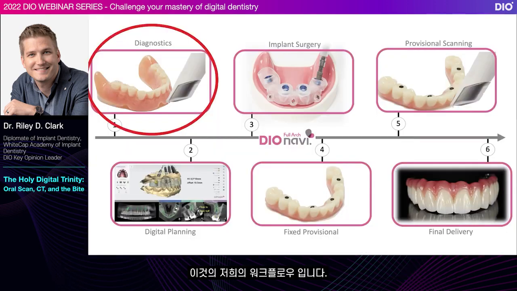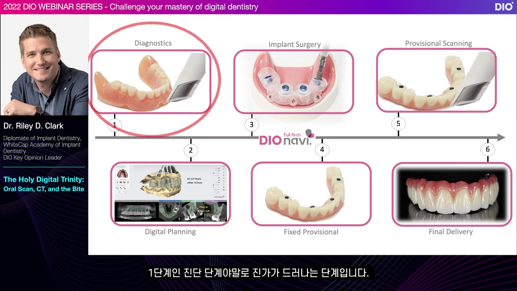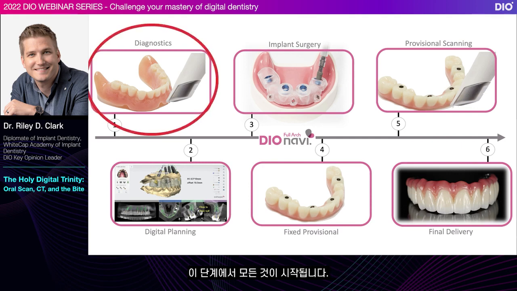So this is again our workflow. And if you watched my webinar last week, you saw me show this workflow, step 1 through 6. Each of these steps is obviously an important part of the workflow, but step 1, the diagnostic step, is obviously where the tire meets the road. That is where everything gets started.